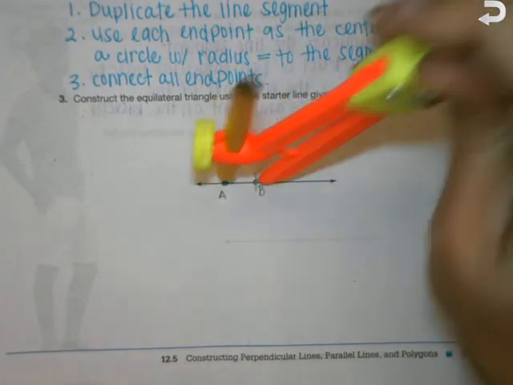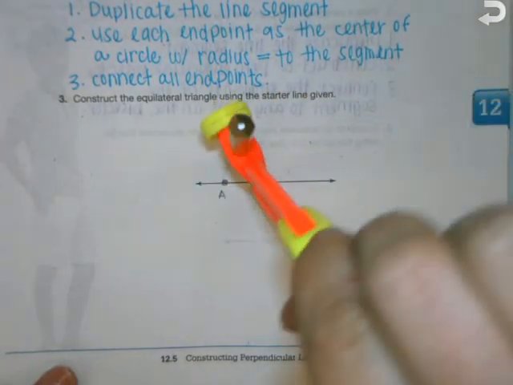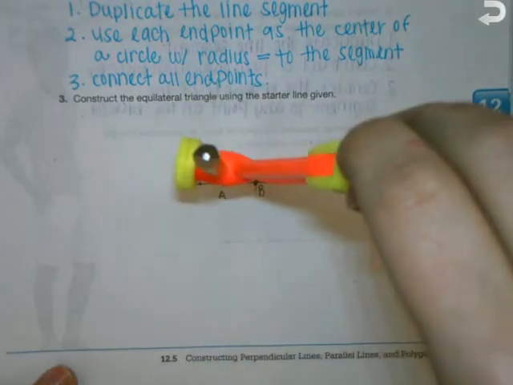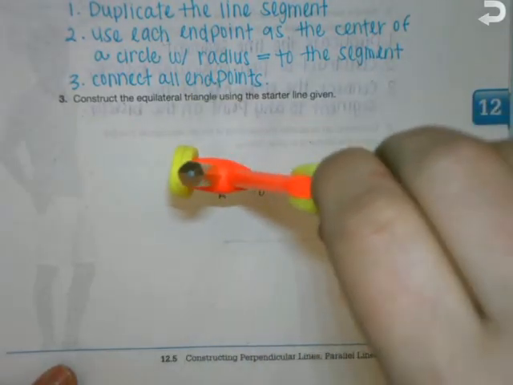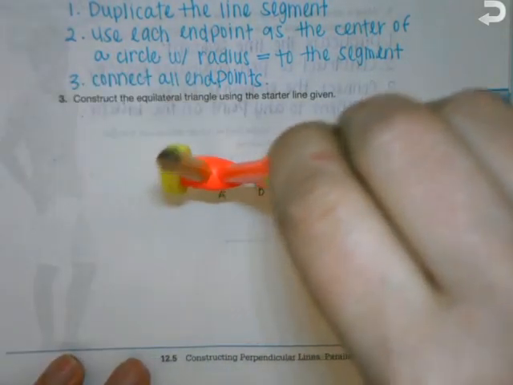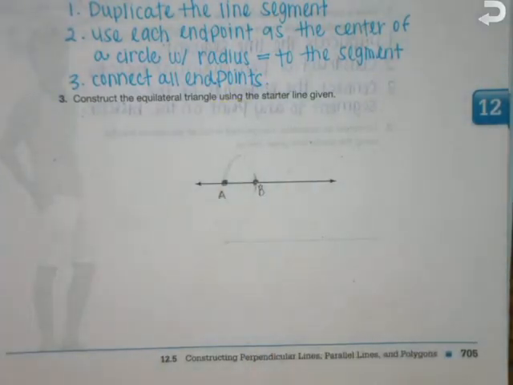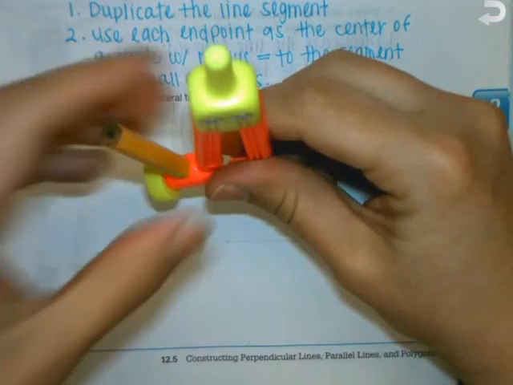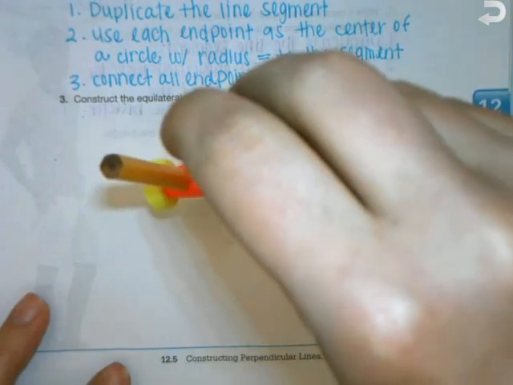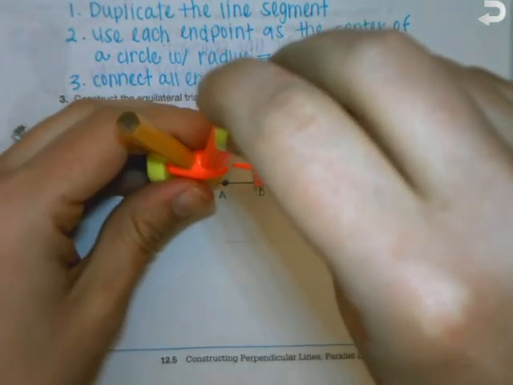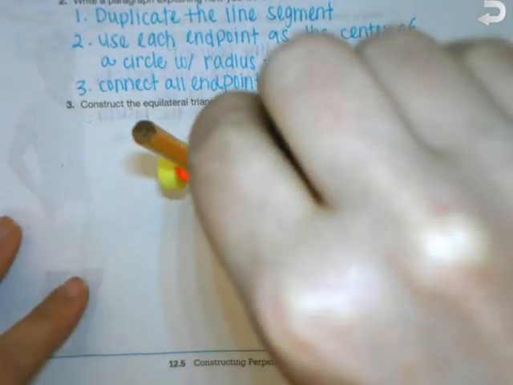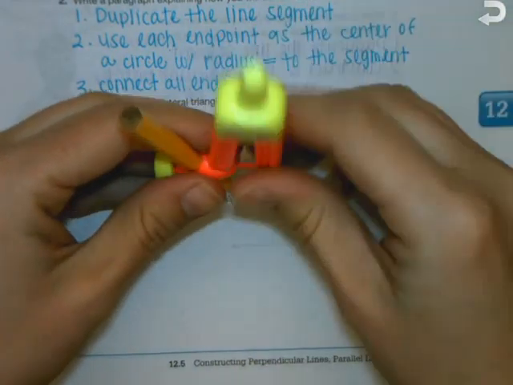So then our next thing, we're not going to change the opening of the compass at all, and we're going to use each endpoint as the center of a circle. So don't change the opening of the compass, and you're going to use each endpoint as the center of a circle. Okay, so I'm going to use B first, and that is going to look something like this.